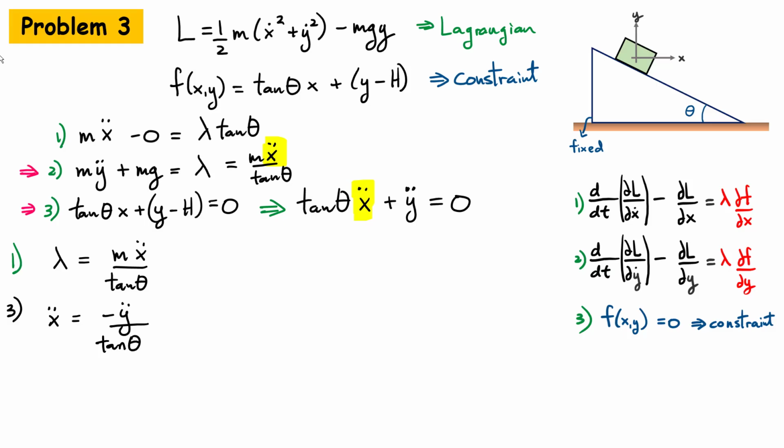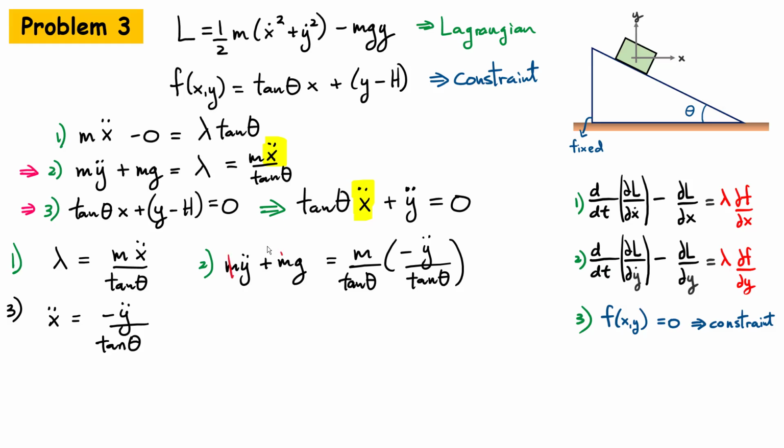All right, now we're going to go back to equation 2 and rewrite it. So we have m y double dot, I don't change that, plus mg, has to be equal to m times tangent of theta, and instead of writing x double dot, I'm going to write this expression, minus y double dot over another tangent of theta.